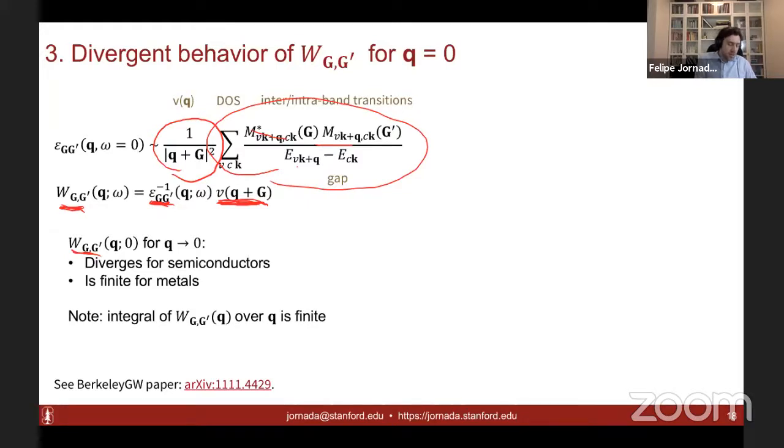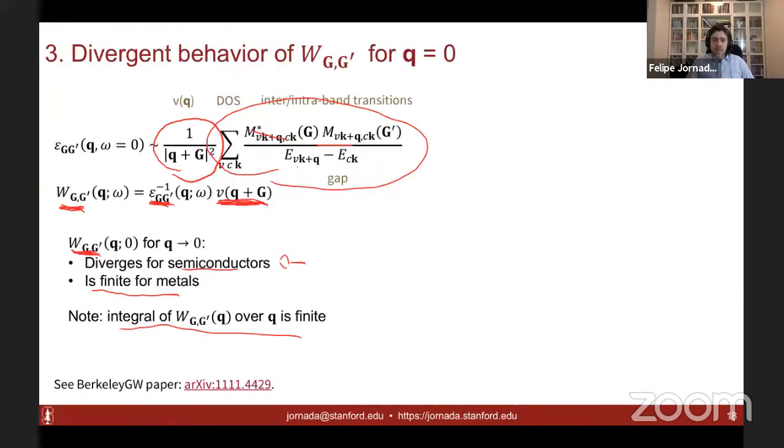So this matrix W of Q Q prime has a very complicated behavior. It diverges for semiconductors, but on the other hand, it's actually finite for metals. So it has a very different analytical behavior depending on the system, even though at the end of the day, integrals involving W have to be finite, because your self-energy should be finite.